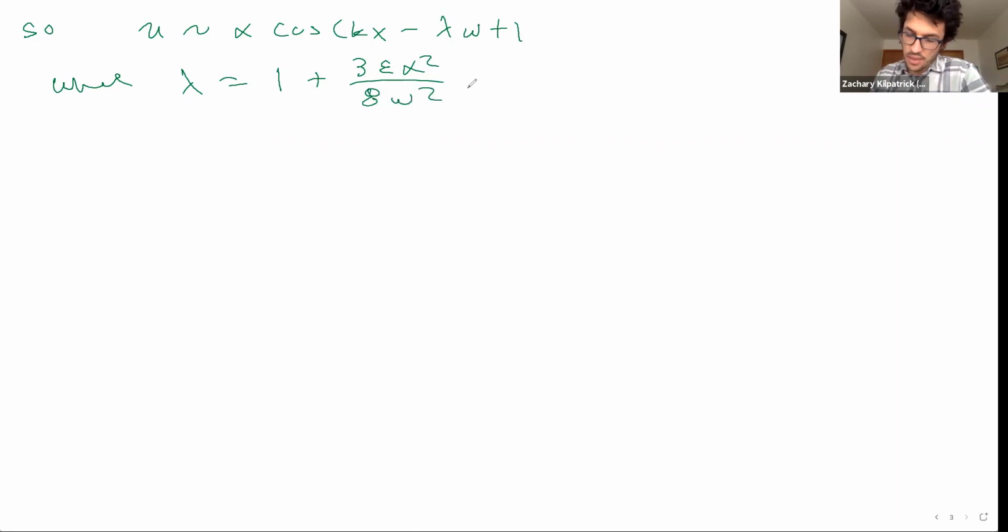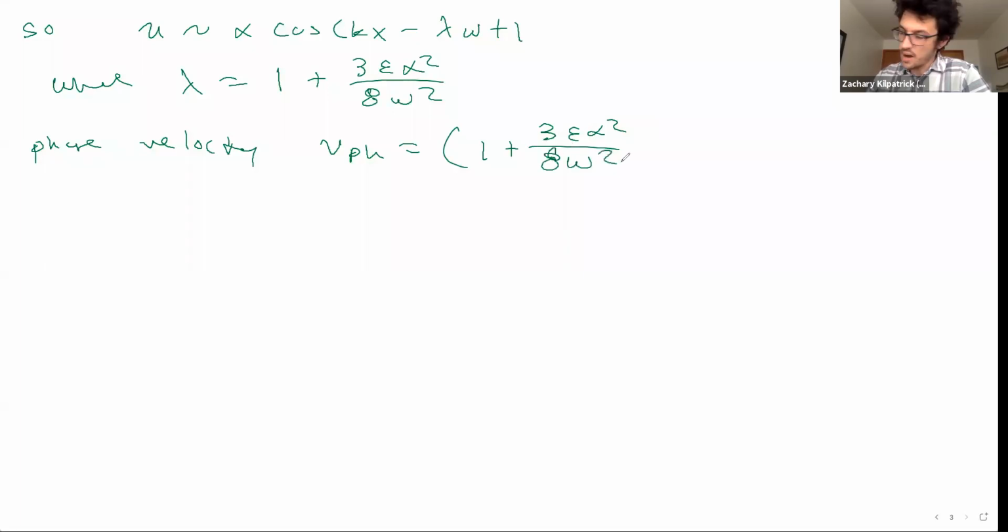In particular, the thing we're interested in here is the phase velocity, V_PH, which is 1 plus 3εα squared over 8ω squared, everything in here times ω over k. If I factor out a k over ω here, then I'll get k over ω times (x minus V_PH t).